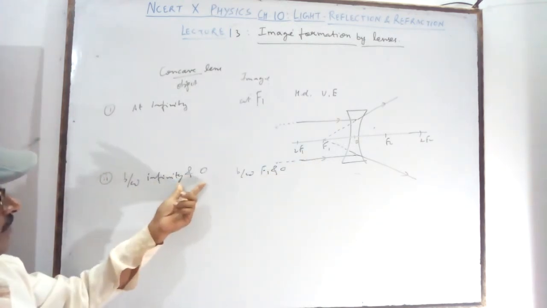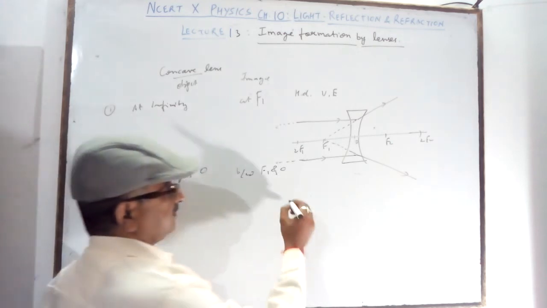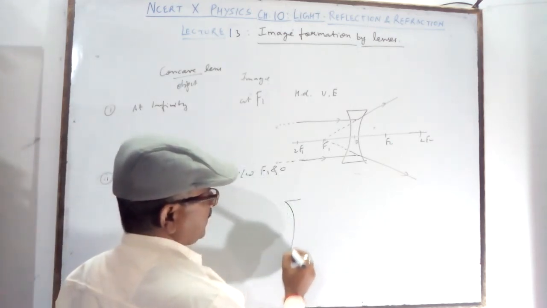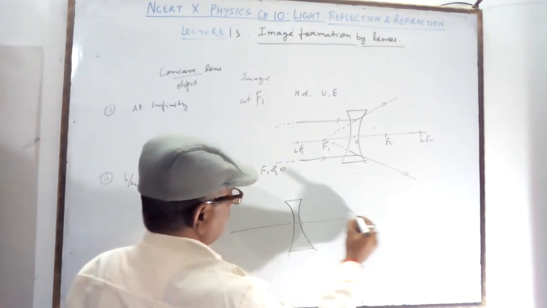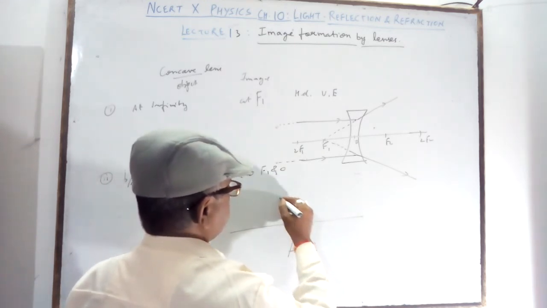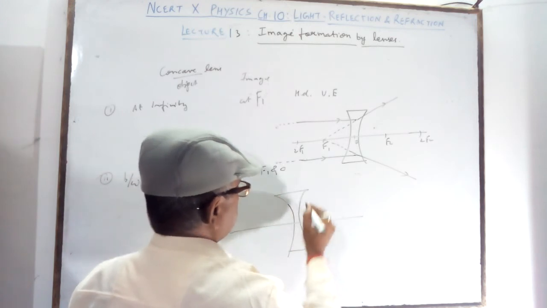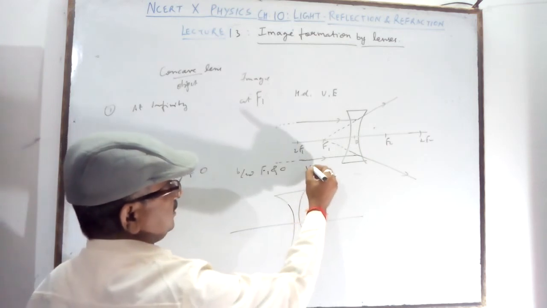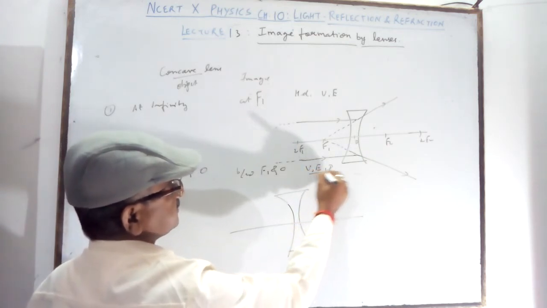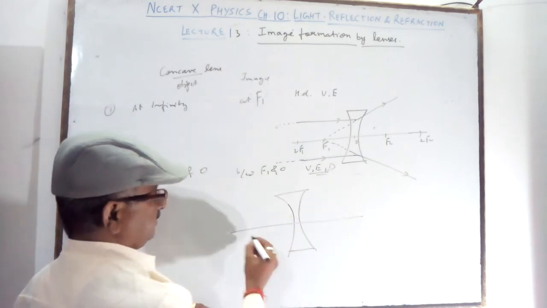Between infinity and optical center, then where will you get the image? Between f1 and O: virtual, erect and diminished.